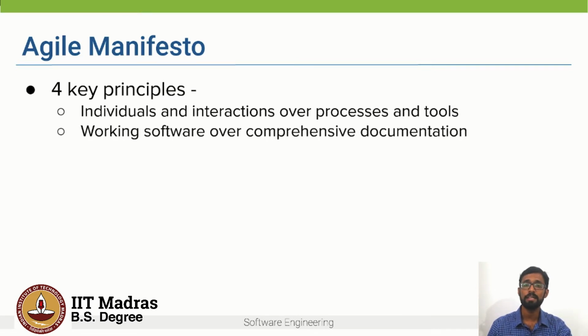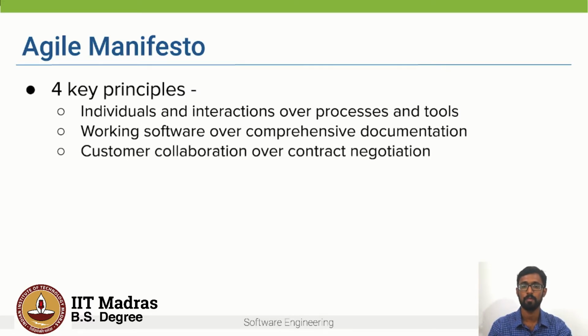Second, rather than focusing a lot on comprehensive and extensive documentation, the emphasis is on delivering working software. And this is delivered in increments. The Agile Manifesto also emphasizes collaboration with the customer to understand the exact needs of the customer rather than negotiating over contract details.